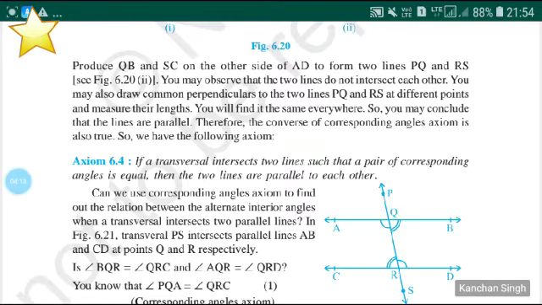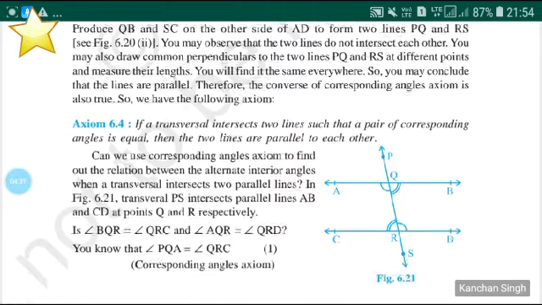The thing to remember is that if a transversal intersects two parallel lines, then each pair of corresponding angles is equal, and conversely, if corresponding angles are equal, then the two lines are parallel.